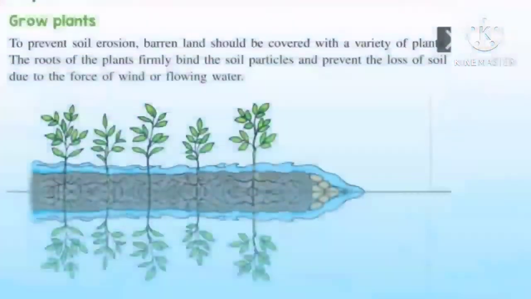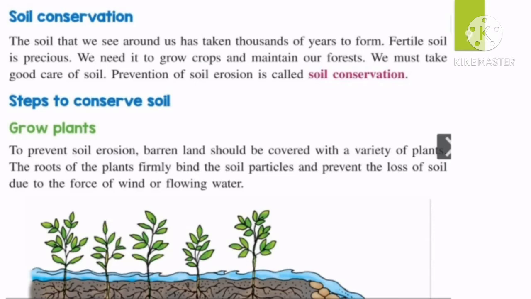We have seen the causes of soil erosion. Now let's learn how we should conserve the soil, how to do soil conservation. So let's read about it. The soil that we see around us has taken thousands of years to form.